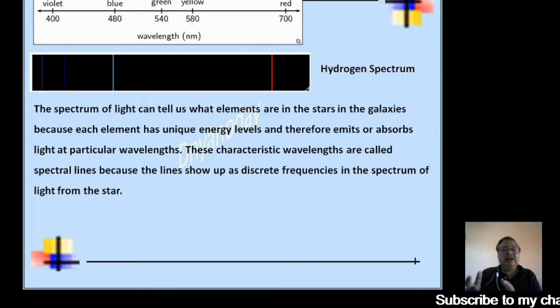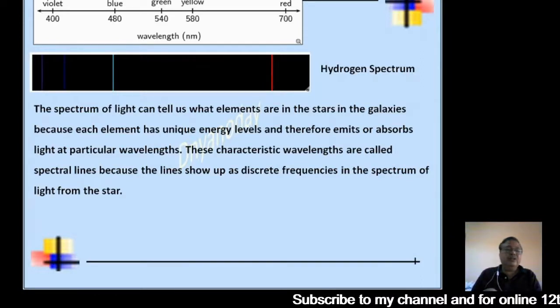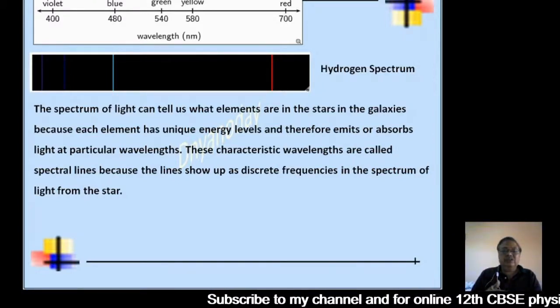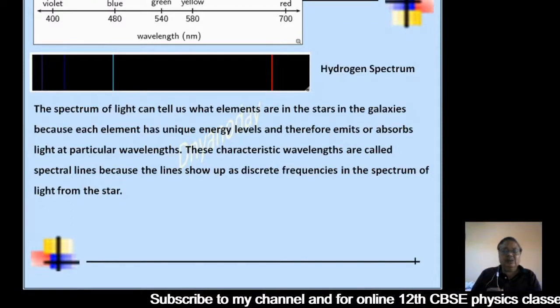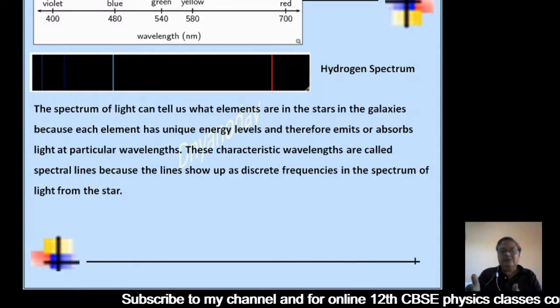So the spectrum of light can tell us what elements are in the stars and galaxies, because each element has unique energy levels and therefore emits or absorbs light at particular wavelengths. These characteristic wavelengths are called spectral lines because they show up as discrete frequencies in the spectrum of light from the star.